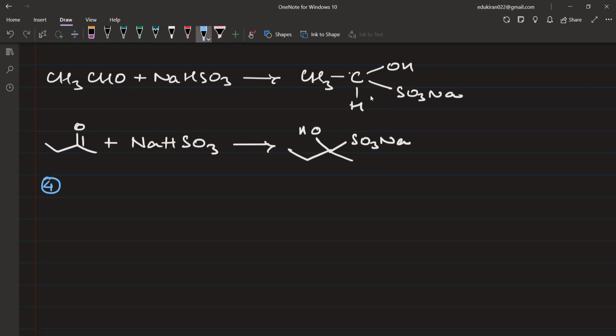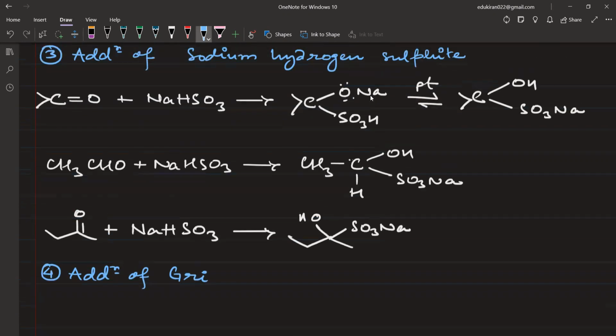All right, the fourth one, addition of Grignard reagent.